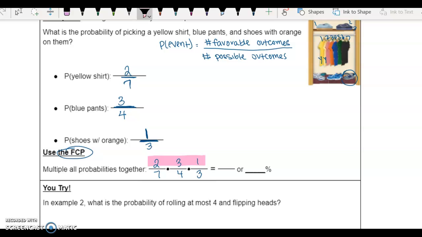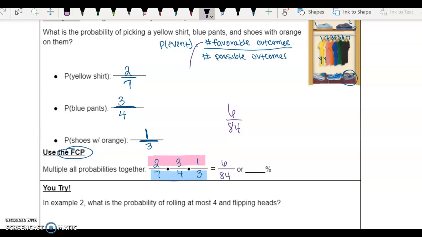So 2 times 3 times 1 gives us 6. And then we have 7 times 4 times 3, and that gives us 84. So if I was to simplify this fraction, I have 6 over 84.